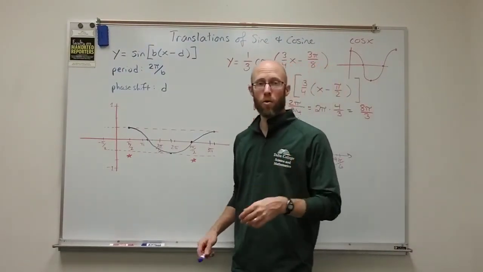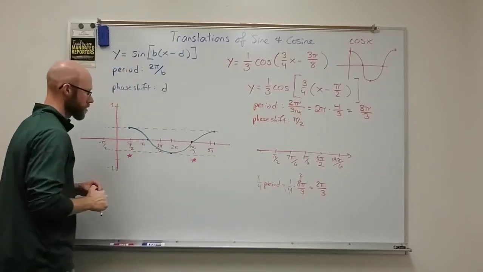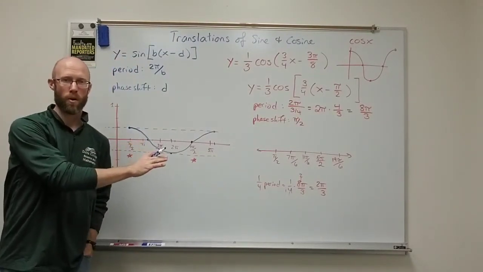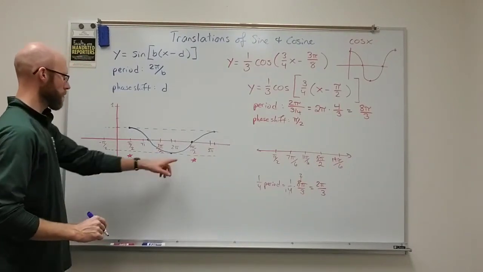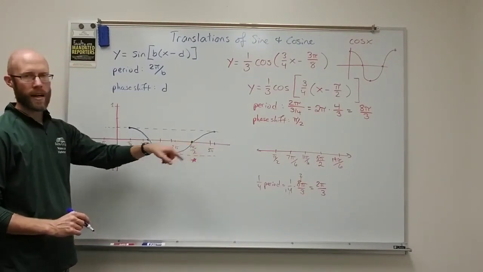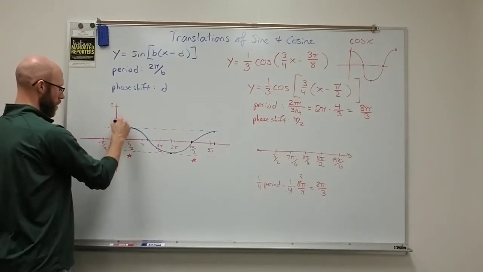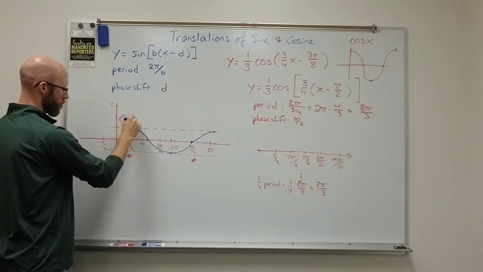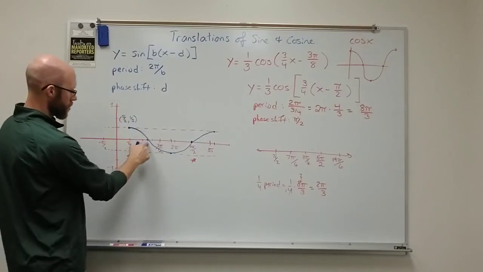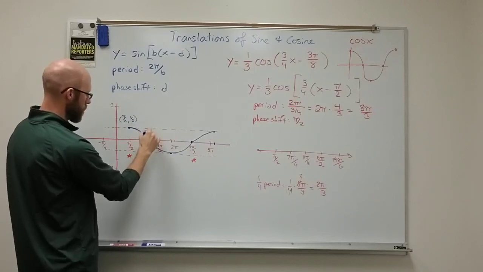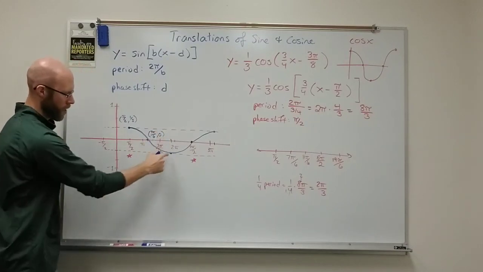Again, I should put some ordered pairs in here on these weird points. Actually, all the points could use an ordered pair because it's not real clear just from the graph where everything is. Maybe my 5 pi over 2 is okay because I got that axis labeled. Everything else should probably get an ordered pair. So I'm going to put pi over 2 comma 1/3. This intercept is at 7 pi over 6, so that is 7 pi over 6 comma 0.